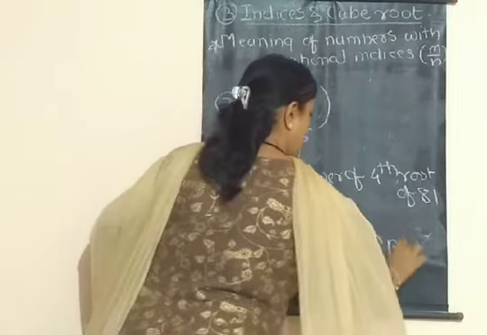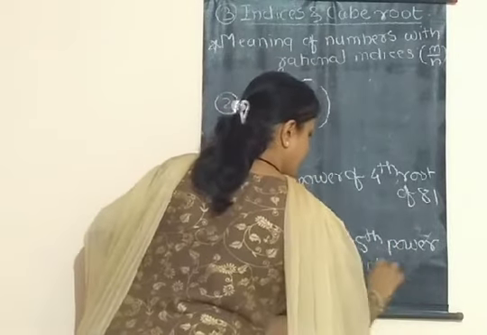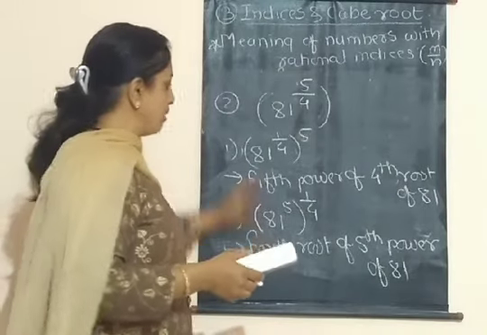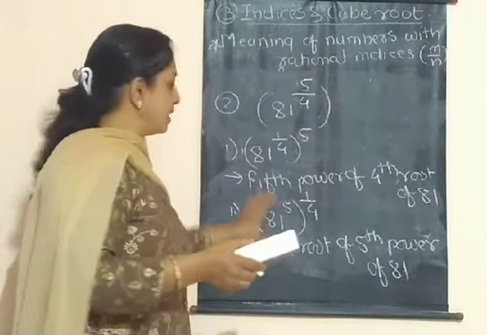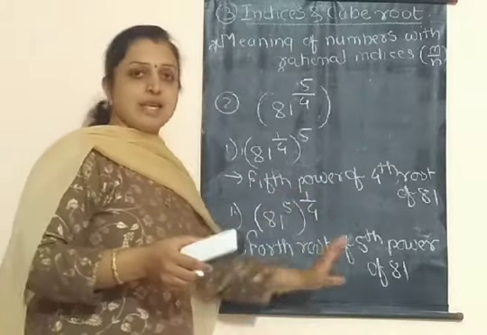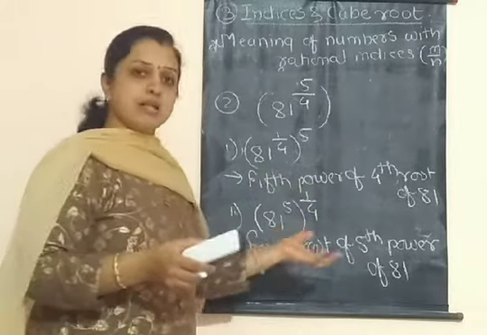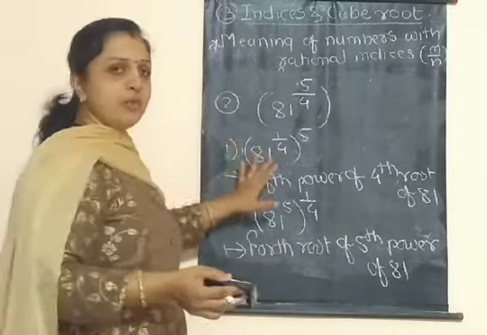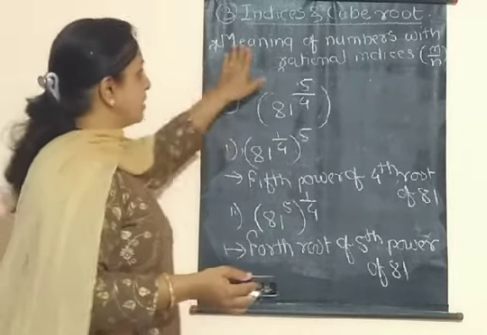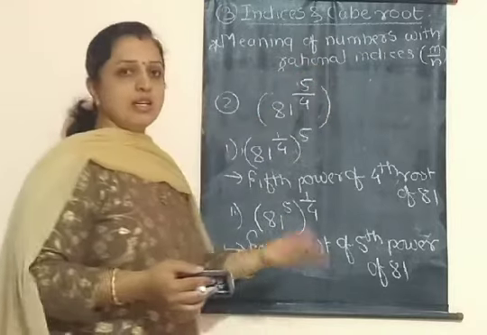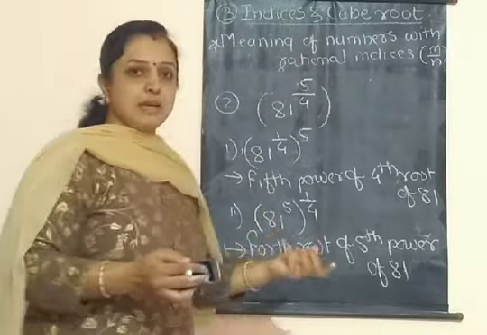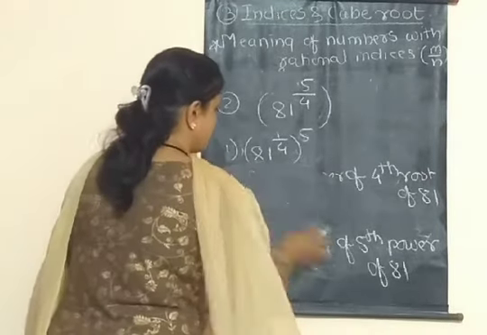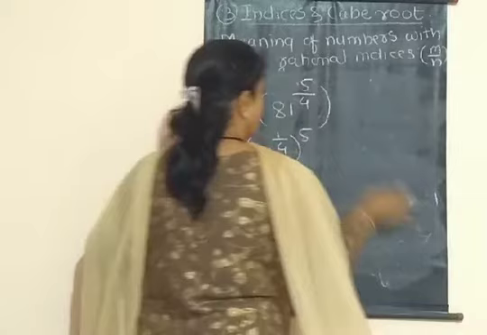In this way you can read these two forms, and the meaning of both is the same, because we get the same answer by using both forms. I hope you understood all this. This is the meaning of numbers with rational indices, and depending on this we have to solve the next exercise, exercise number 3.2. Let us see one more example.